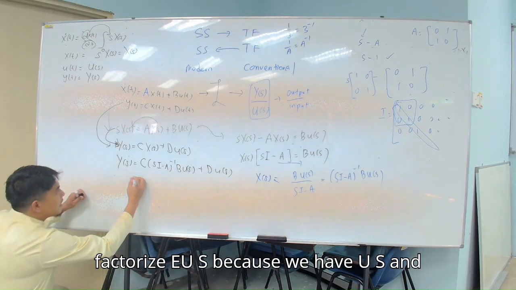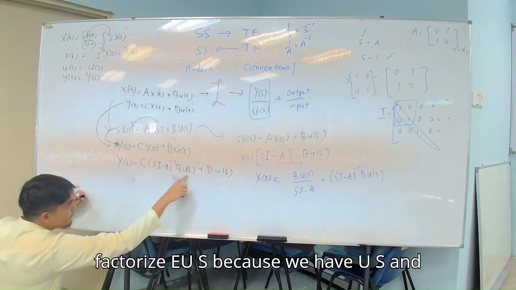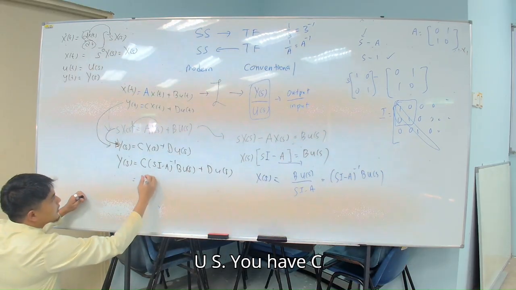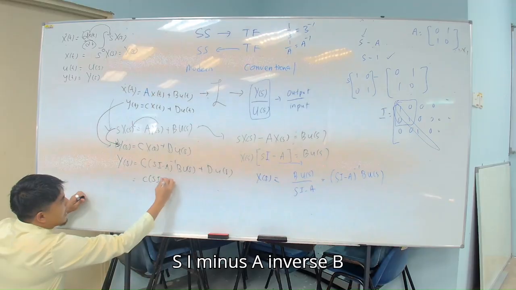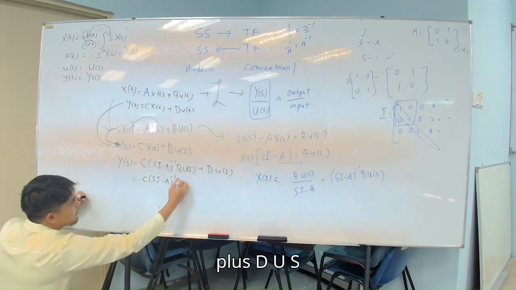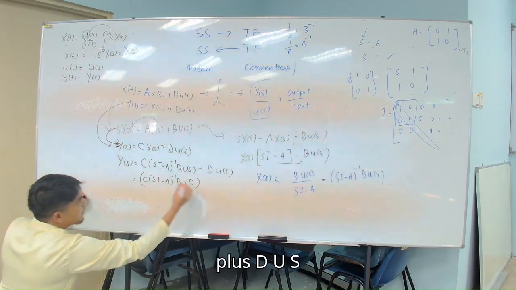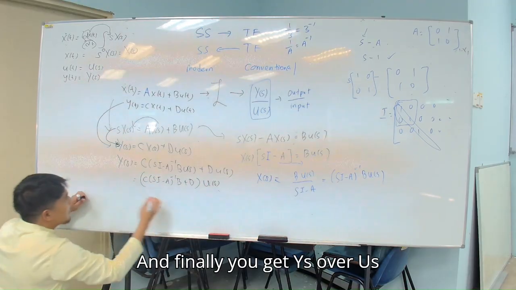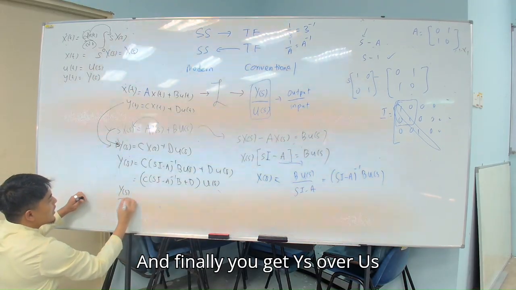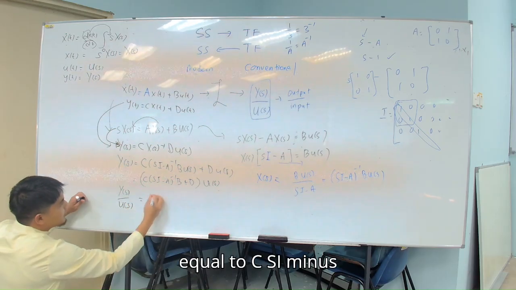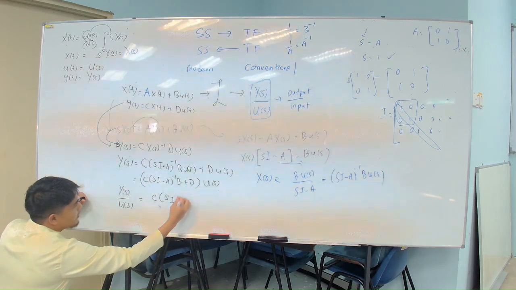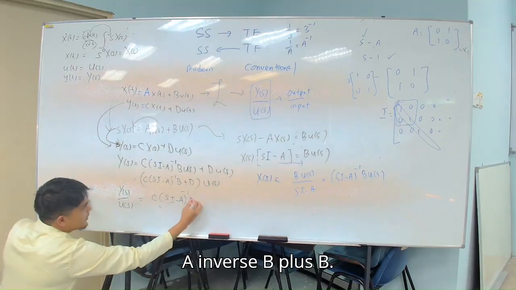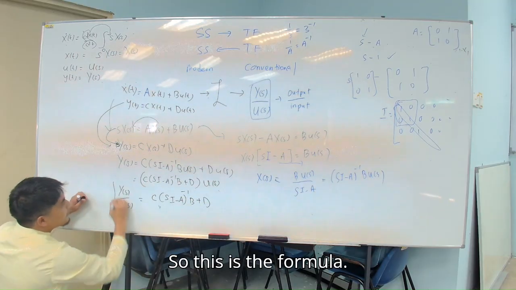And then after that you factorize the US because we have US and US. You have C, SI minus A inverse B plus D, US. And finally you get YS over US equal to C, SI minus A inverse B plus D. So this is the formula.